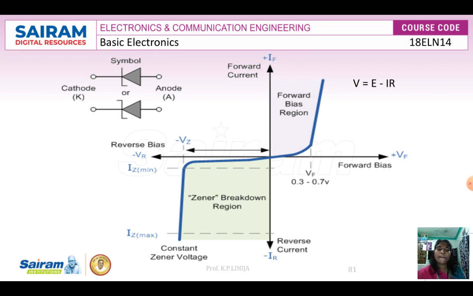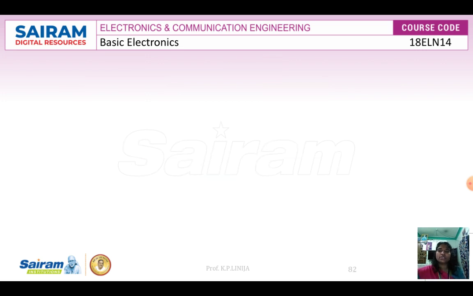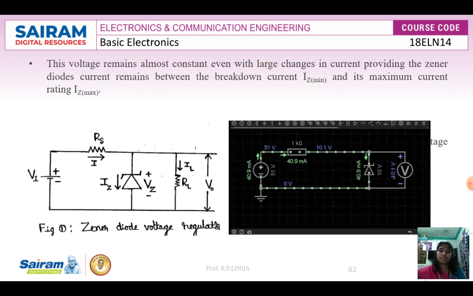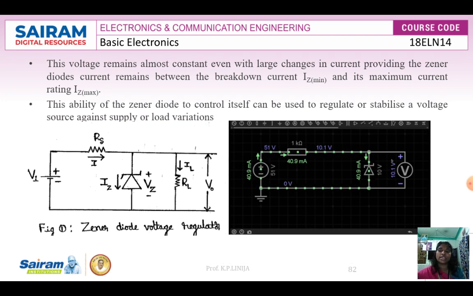Let us see one by one actually. First, we will see how the Zener diode acts as a voltage regulator. So this is the circuit. We are connecting an input voltage VI, and its positive terminal is connected to the source resistance RS.